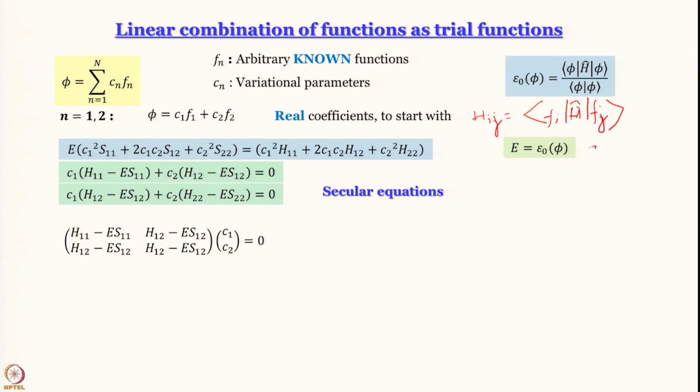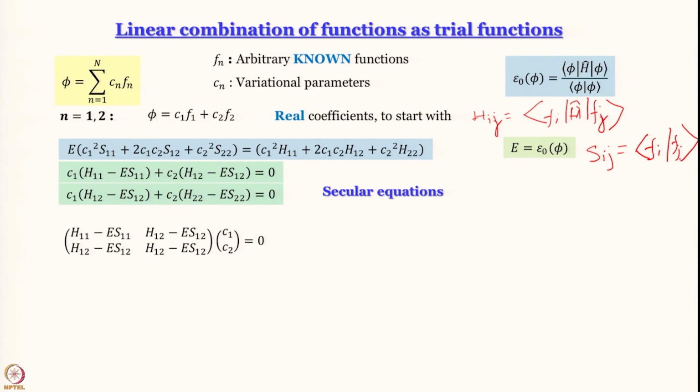And Sij, I think ij is a more general way to write because i can always be equal to j, that is simply the integral Fi star Fj over all space.